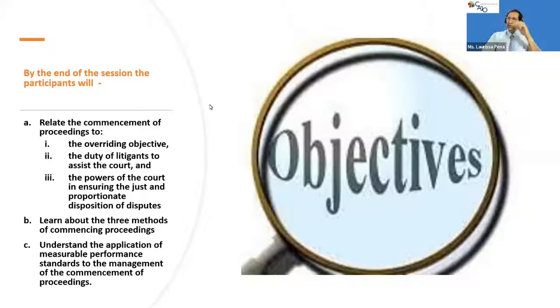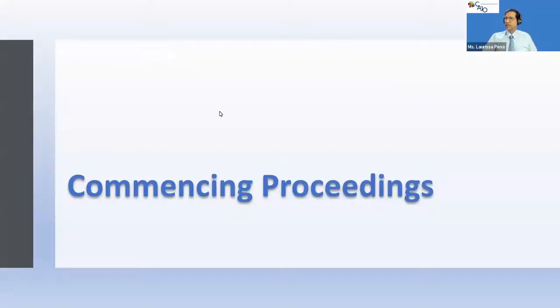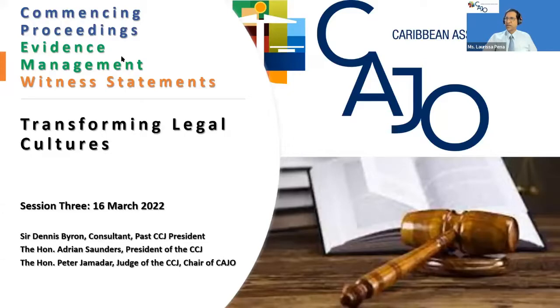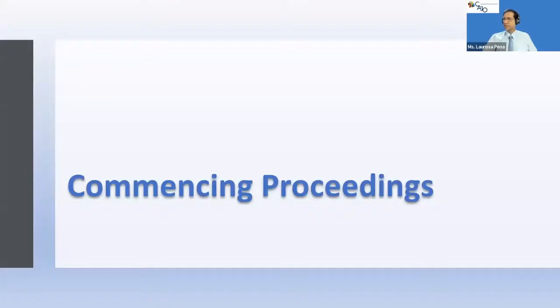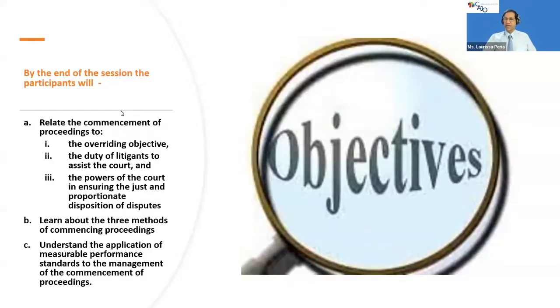So as the President explained, we're going to begin with commencing proceedings, evidence management, and witness statements. And in this first segment, for which we've dedicated 50 minutes, at the end, we hope that you will be able to relate the commencement of proceedings to one, the overriding objective, to the duty of litigants to assist the court, and to the powers of the court ensuring a just and proportionate disposition of disputes.